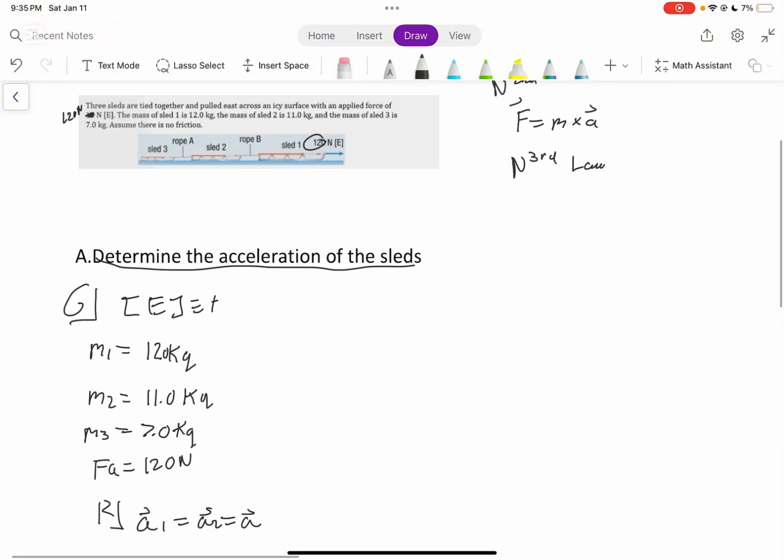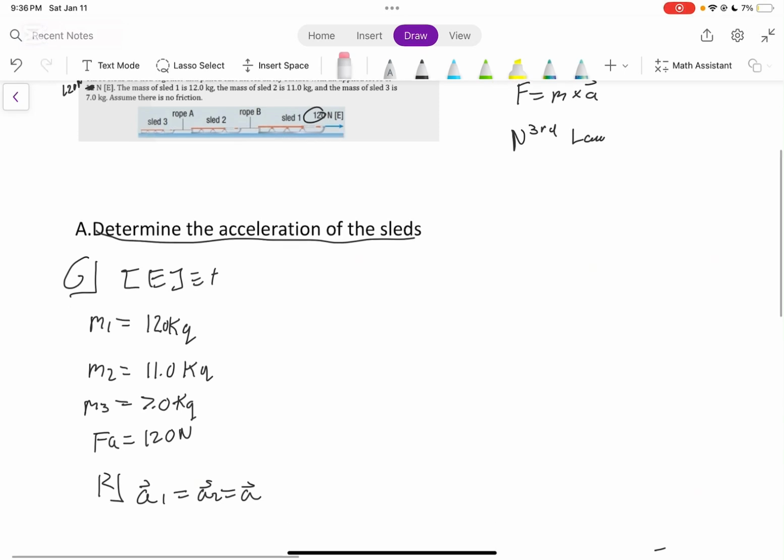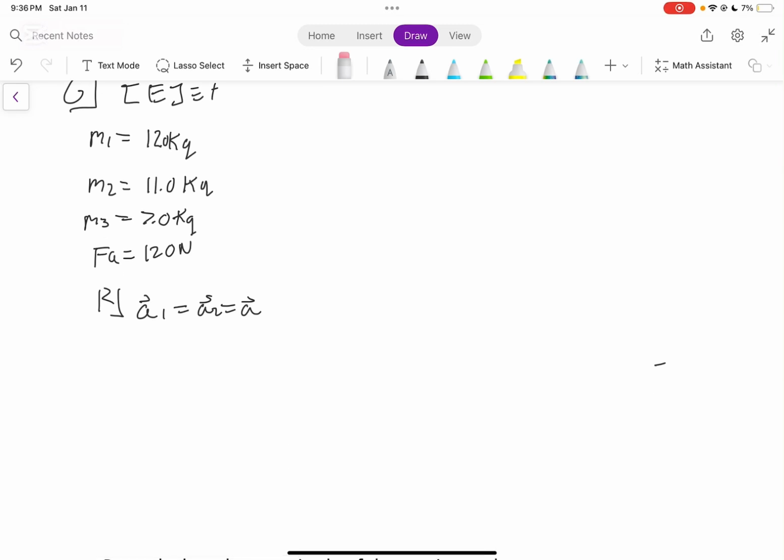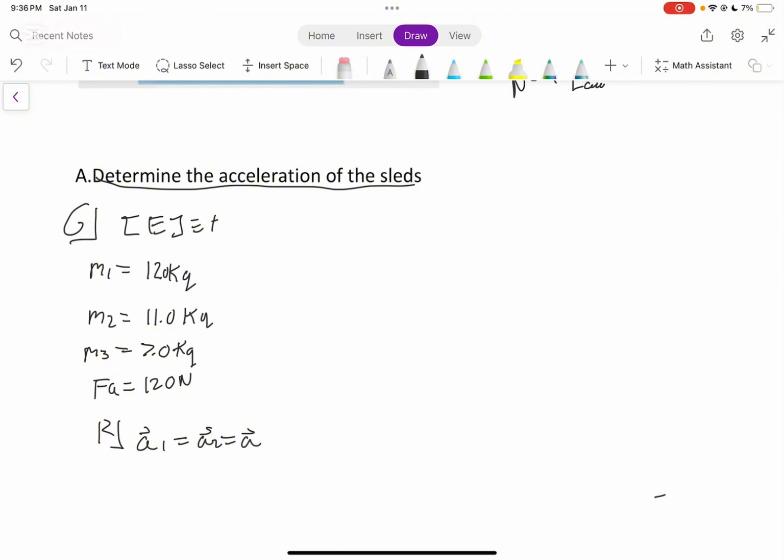Because these sleds are tied together and moving, assuming the rope doesn't bend or stretch, the same acceleration that this sled is moving at, all of these follow with it. So the acceleration will be the same from sled 1 to 2 to 3 because they're all being pulled by the same object, moving in the same direction. So we know that a1 equals a2, which is equal to the acceleration as a whole. Now that we understand that, let's get into our free body diagrams.